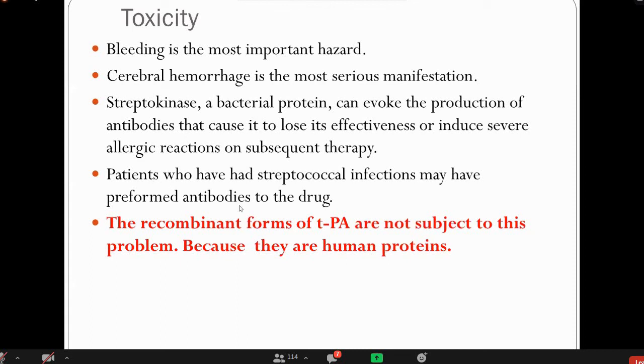So patients who have had a streptococcal infection may have preformed antibodies to the drug. The recombinant forms of tissue plasminogen activator are not subject to this problem because they are human proteins.